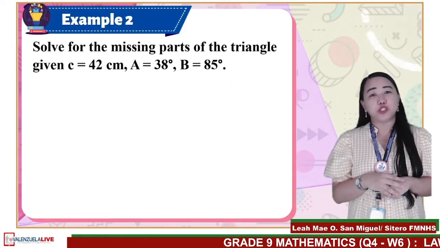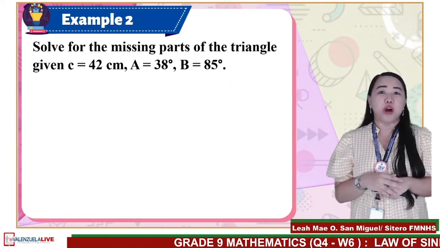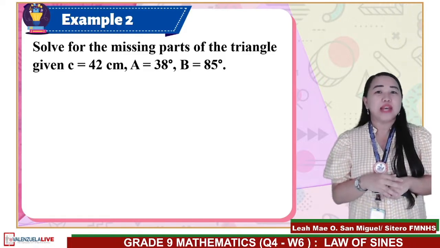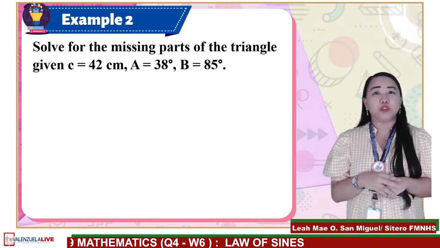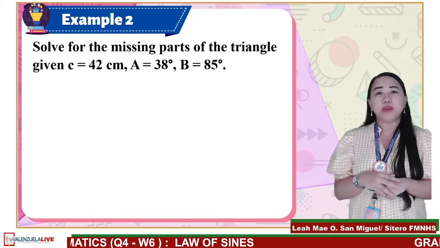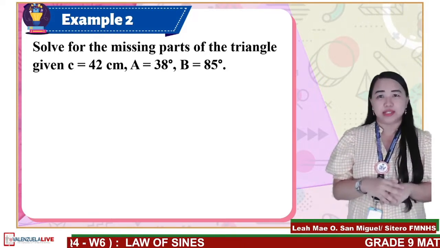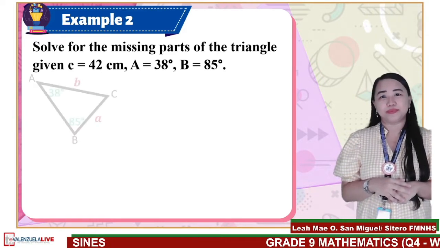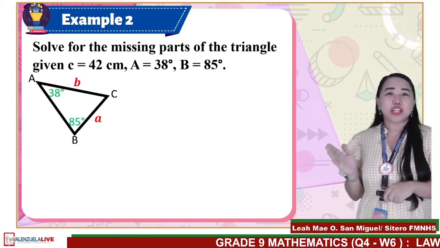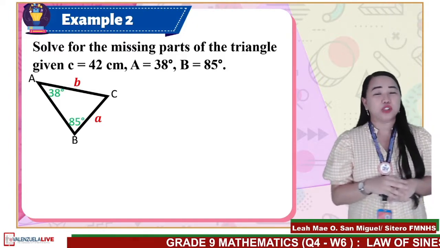For example 2, solve for the missing parts of the triangle given c is equal to 42 centimeters, angle A is equal to 38 degrees, angle B is equal to 85 degrees. This shows a sketch of the figure with respect to the given.